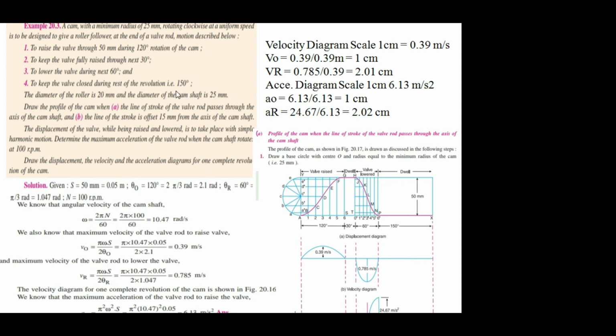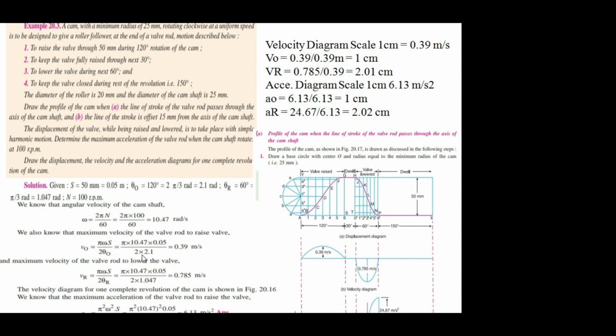Now when the follower moves with simple harmonic motion, we know the velocity of follower during the outstroke. The equation for velocity of the follower during outstroke when the follower moves with simple harmonic motion, that is Vo is equal to pi omega S divided by twice theta O. So pi is constant, omega that we have calculated 10.47, and stroke length of the follower, it is taken in meter, 0.05, divided by 2 as it is, and theta O it is taken in radians.